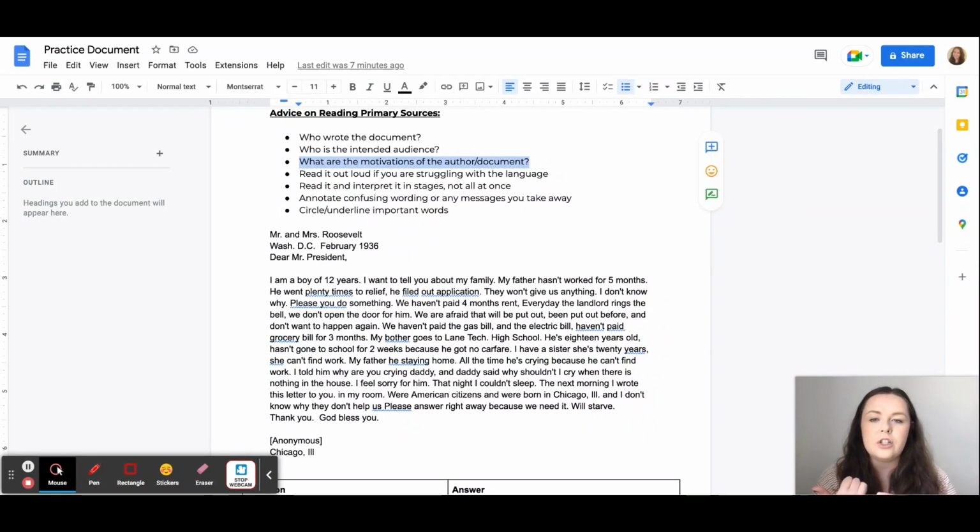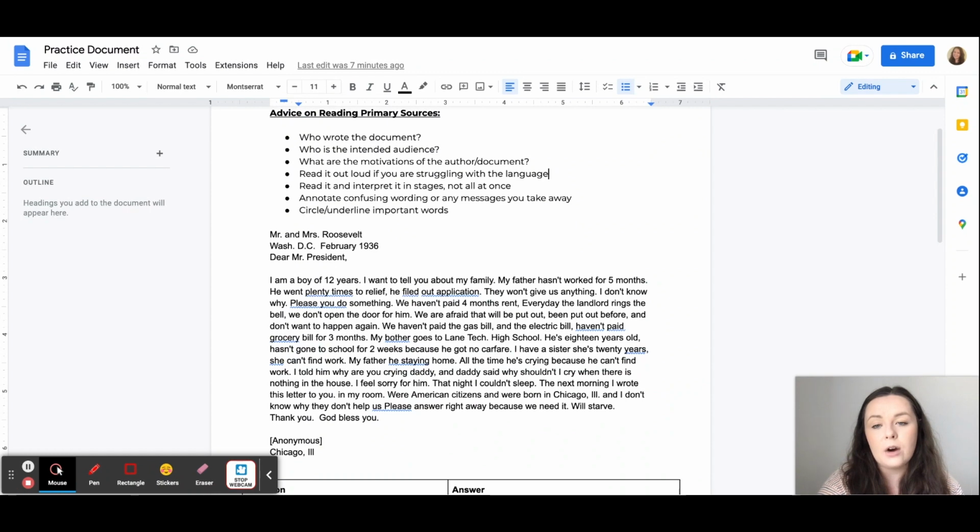Is it a politician speaking who wants to fall in line with a certain political party and platform? Are they trying to convince someone of something? Or is it something where their guard is down, like a diary or a letter that's a little bit more personal? It's helpful to think through potential motivations.